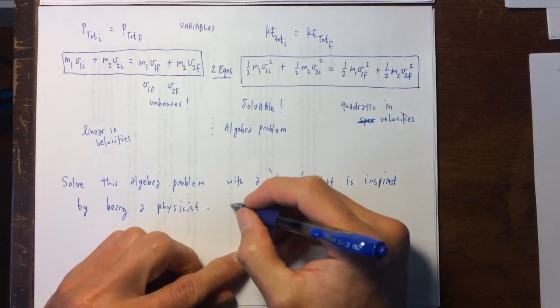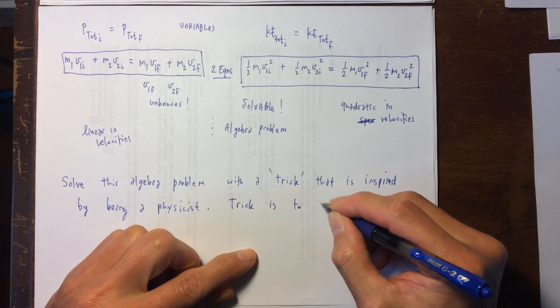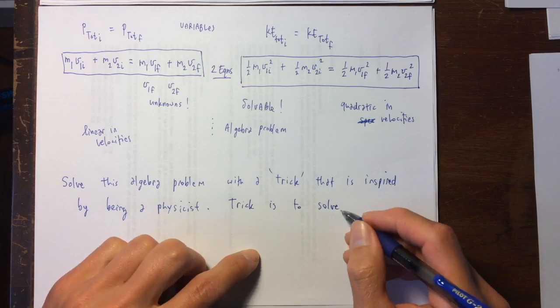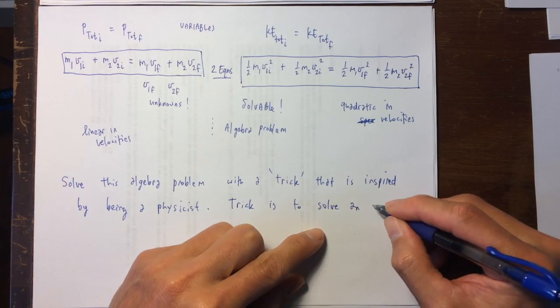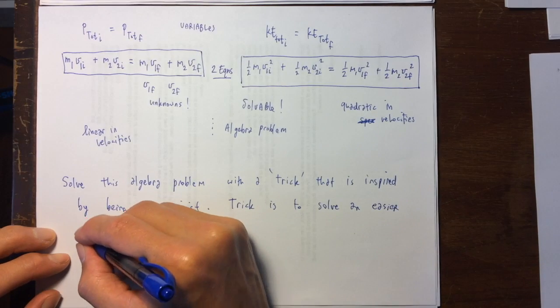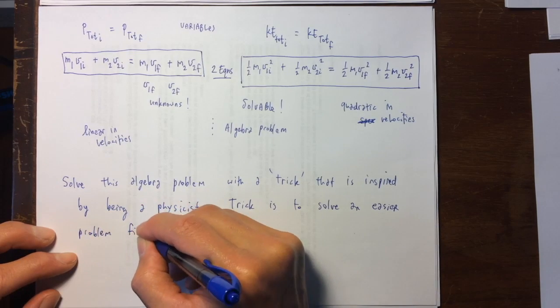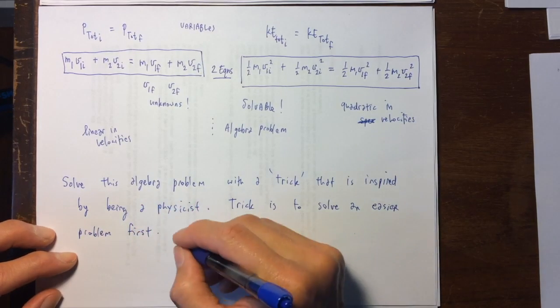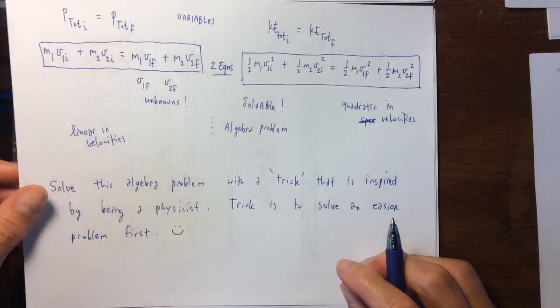And the trick is, this is kind of funny, the trick is to solve an easier problem first. So that's funny. But yeah, let me show you the easier problem.